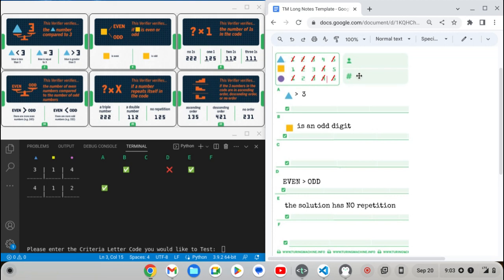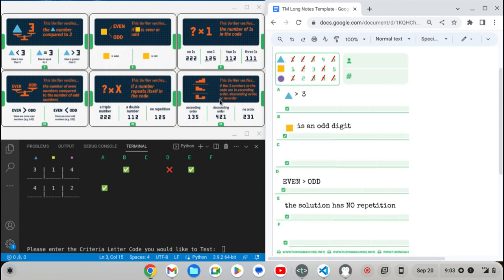And so we've got criteria cards C and F. It may even be that there is no 1, and then we're going to have to figure out whether it's descending or no order.